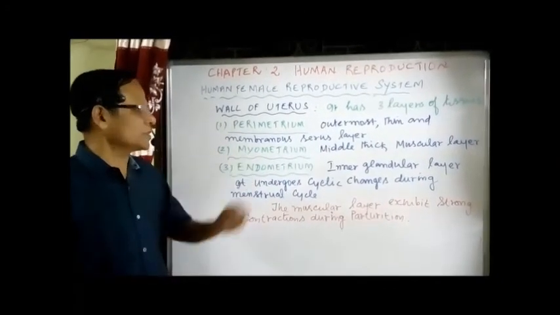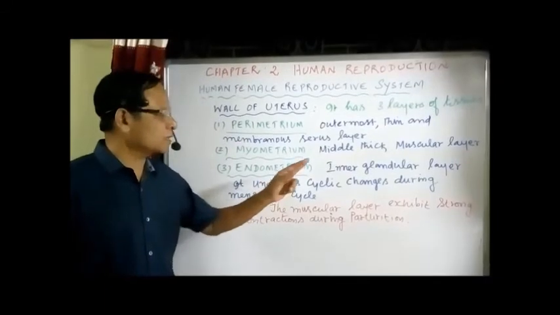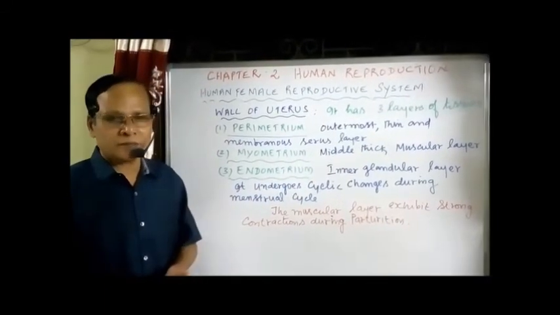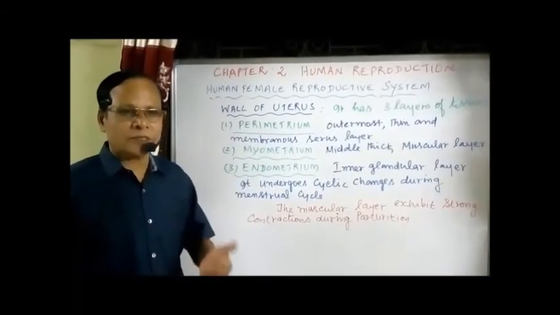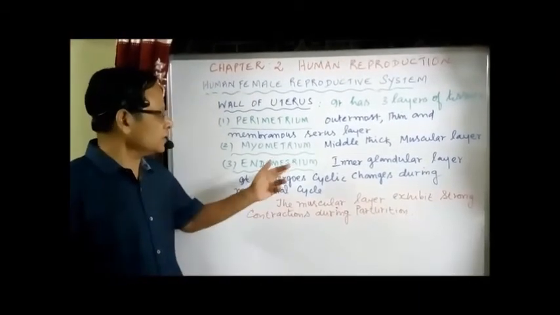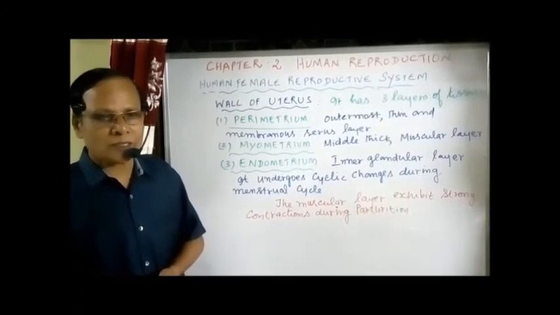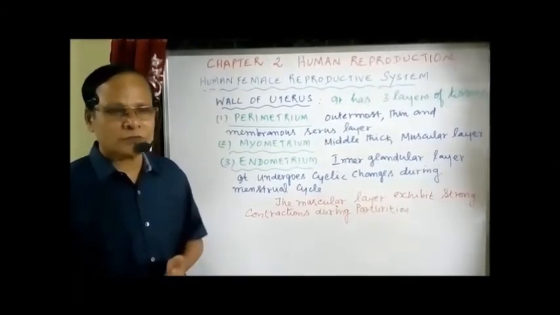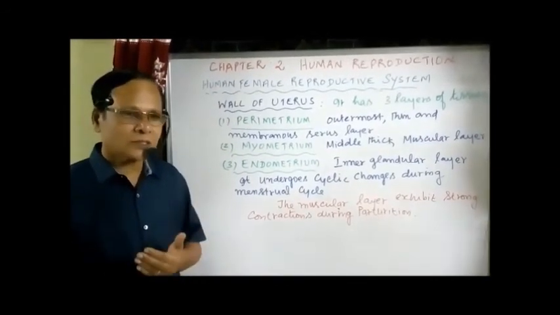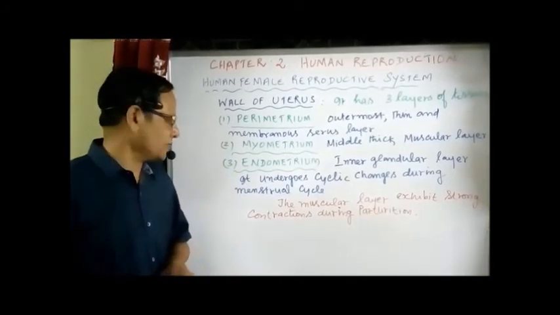Then the endometrium. It is an inner glandular layer made up of uterine glands, epithelial cells, etc. This layer undergoes cyclic changes during the menstrual cycle. It is peeled off during menstruation and regenerated again during the menstrual cycle.